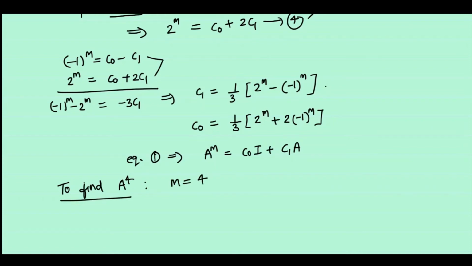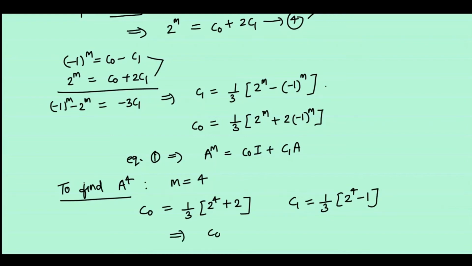If you put m equal to 4, we will get C0 is equal to 1 by 3 times (2 power 4 plus 2), and C1 is equal to 1 by 3 times (2 power 4 minus 1). This implies C0 equal to 6 and C1 equal to 5.